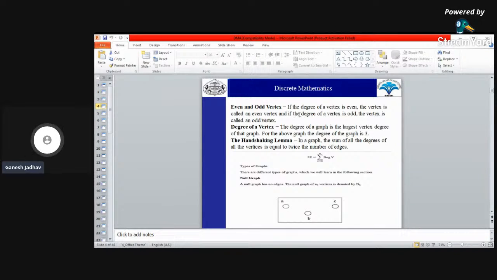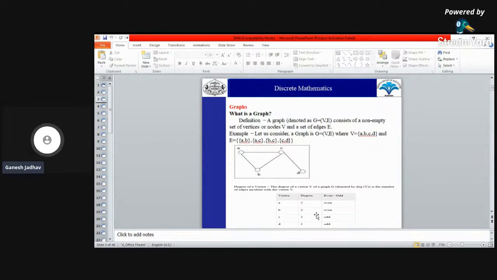And if the degree of a vertex is odd, we can say that this is an odd vertex. The degrees of vertices A and B are even, because there is an even number of edges. And 3 and 1 are odd numbers, so we can say that this is odd degree.